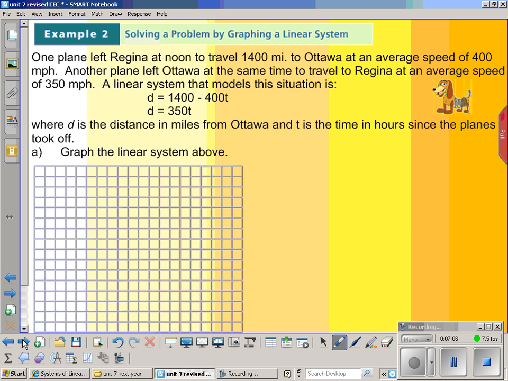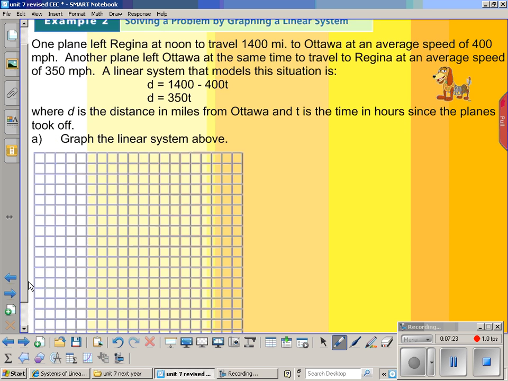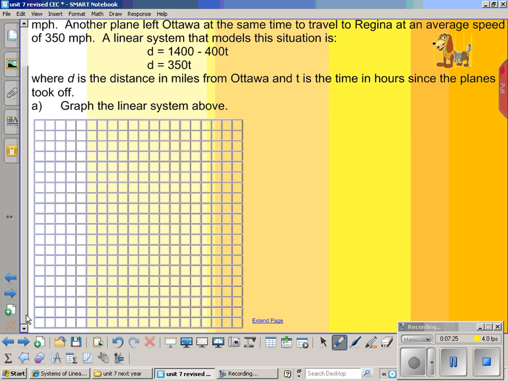Again, we can use slope-intercept form, or we could find the intercepts of each. What we do know is that our axes are going to be dealing with the positives, because it's all time and distance. We've got our time on the x and our distance on the y. In that first equation, d = 1,400 - 400t, make sure you recognize this is your y-intercept.